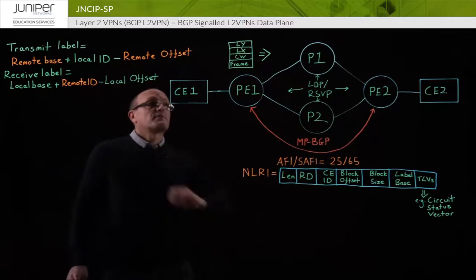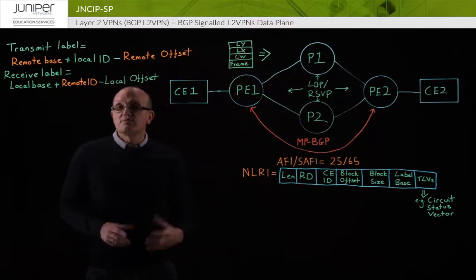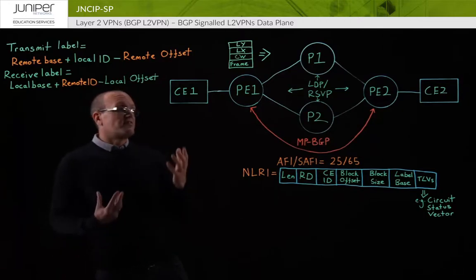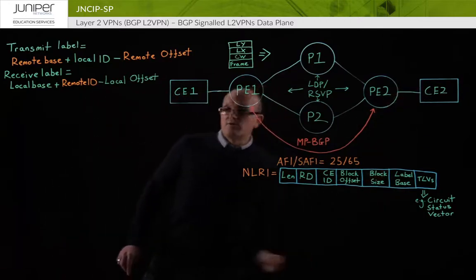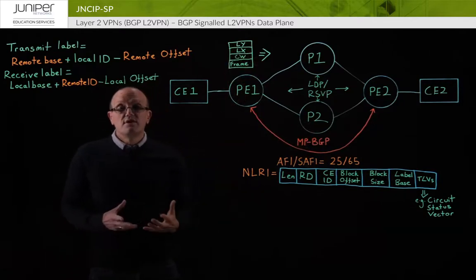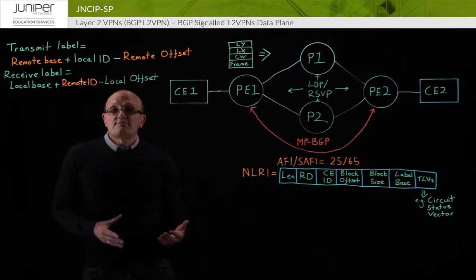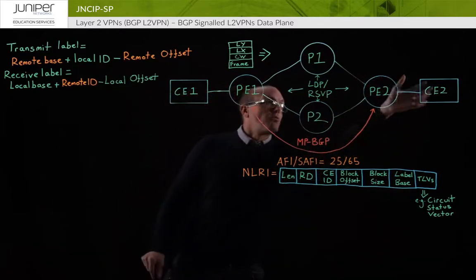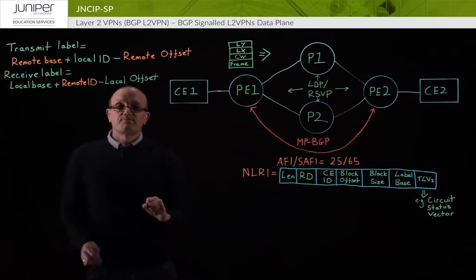Next up in the stack, we have the label that's identifying the virtual circuit endpoint. So in this case, we'd be identifying CE2 here. And then above that, we have the label that's the start of the LSP that's going to get us to the PE device where this virtual circuit terminates.